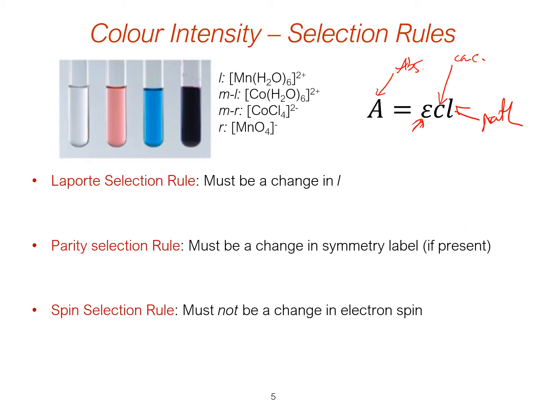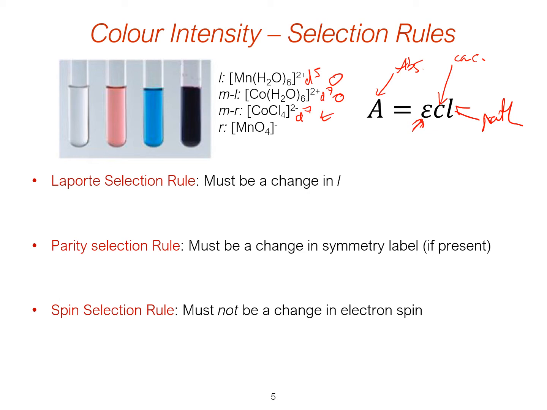So before we start, just to make this a bit easier, I'm going to put what the electronic configuration and what shape each of these complexes have. So this manganese 2+ complex is d5 and octahedral. The cobalt 2+ complex is d7 and octahedral. The cobalt chloride is d7 and tetrahedral.